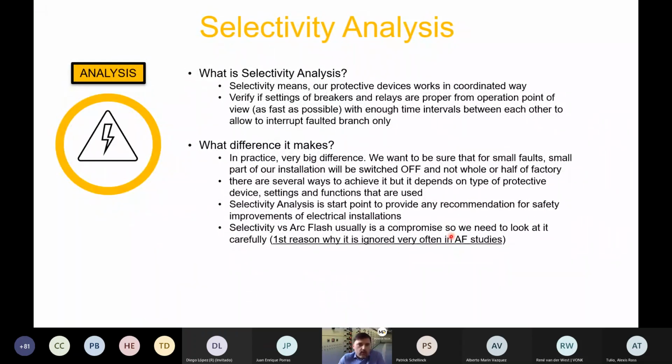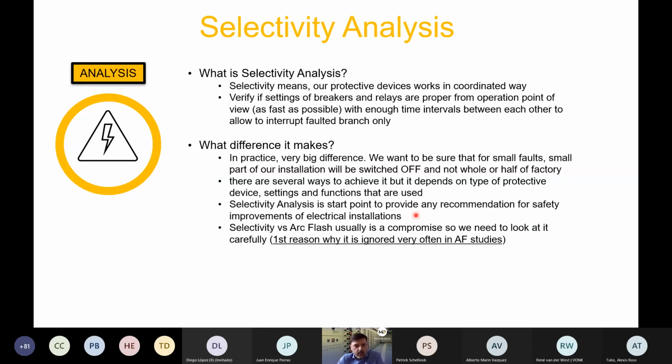The next step is to do a selectivity analysis. Selectivity, as I said, is a protective device coordination or discrimination study. Depending on how it's called, it is the same. We would like to ensure that our protective devices work in a coordinated way, which means that there is enough time interval. Depending on how it's realized, sometimes there is communication between them, like zone selective interlock, but they have to act as fast as possible and limit the fault to the very limited area where the fault is.